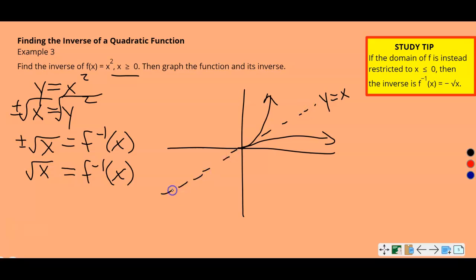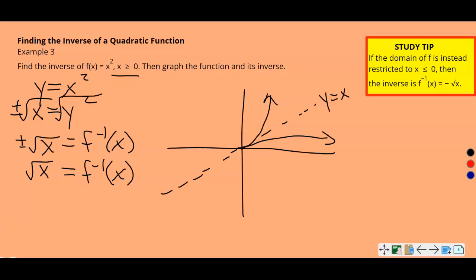So again, we restricted this domain to only the positive values. So this is a poorly drawn graph, but hopefully you get the idea. You can always use your calculator to graph it in a little bit more detail.